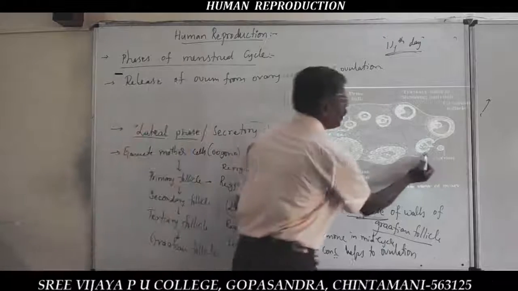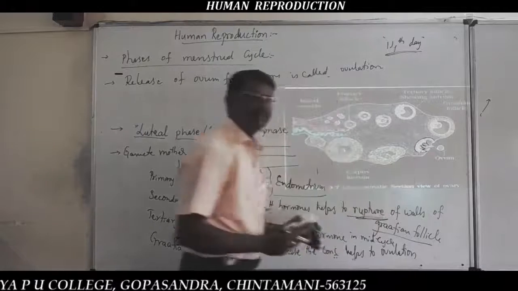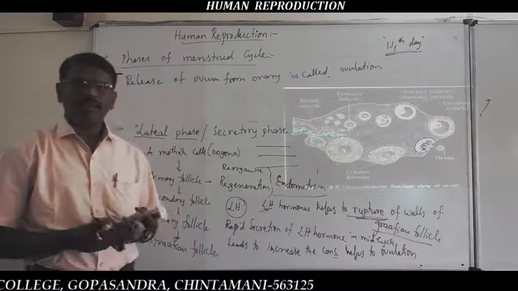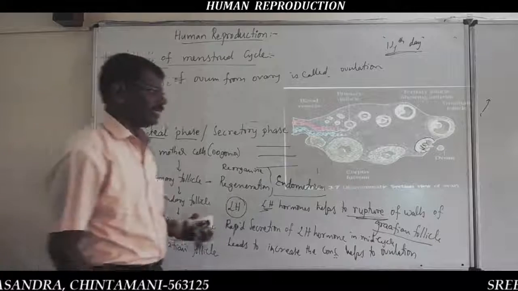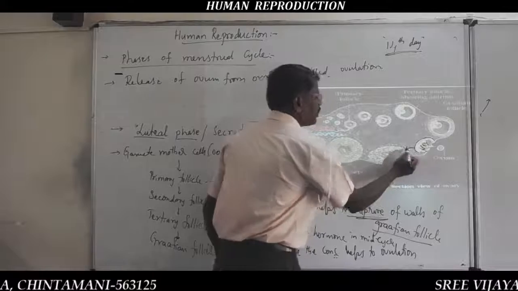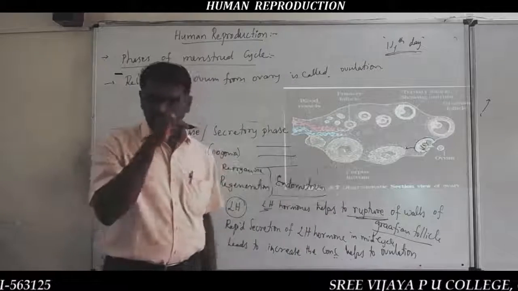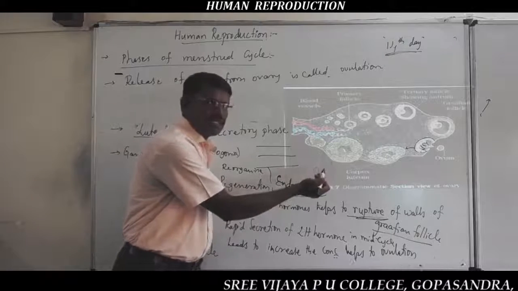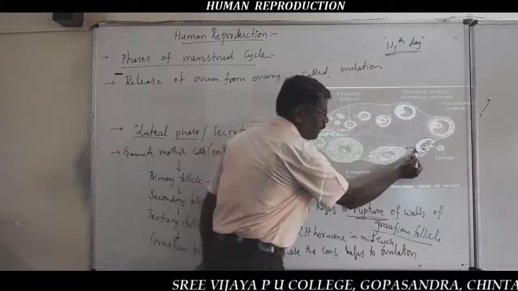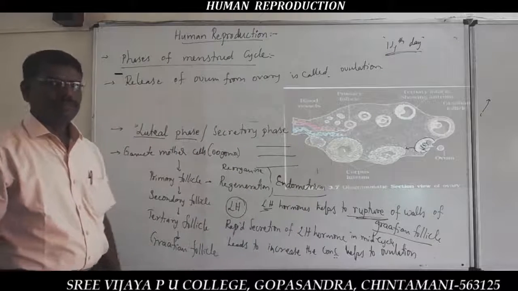The remaining part of the Graafian follicle after releasing the egg, or secondary oocyte, is converted into corpus luteum.